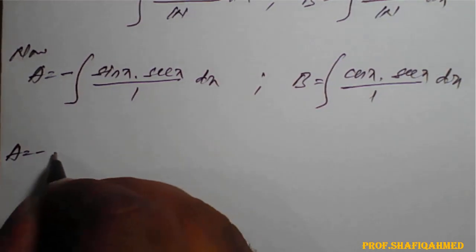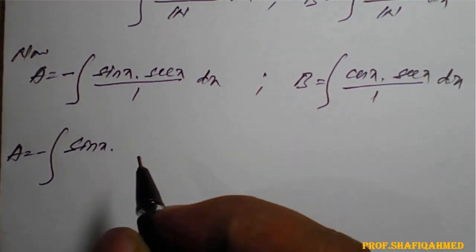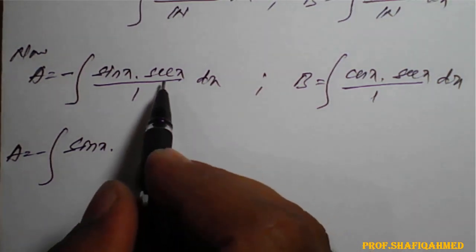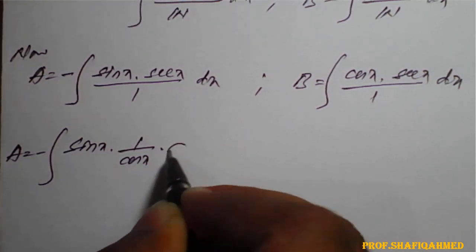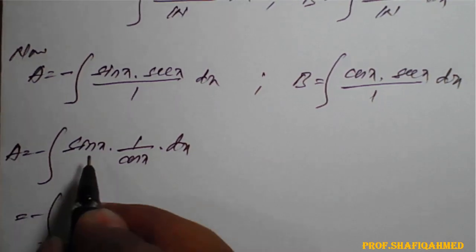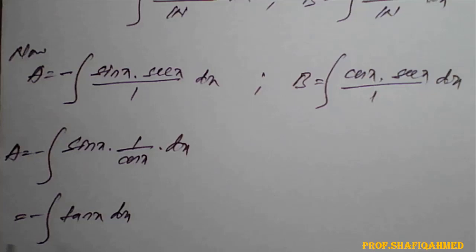Therefore, A is equal to minus times integration of sin x into secant, which can be written as 1 upon cos x, into dx, which is minus times integration of sin divided by cos, that is tan x, into dx.